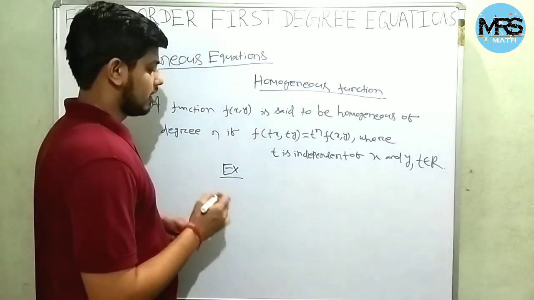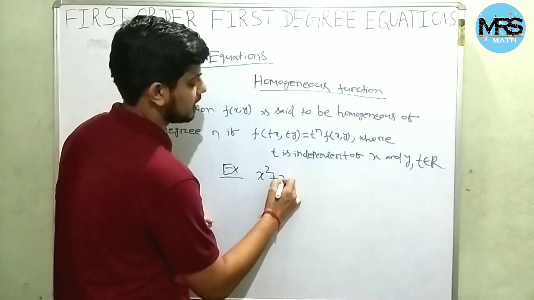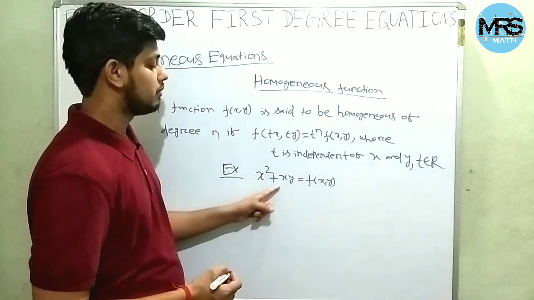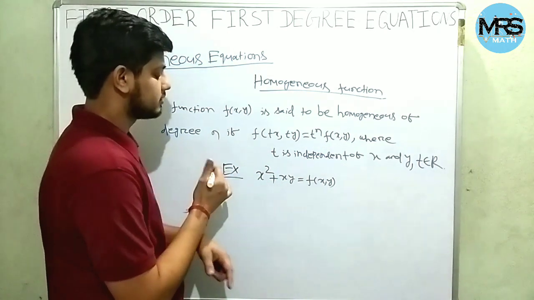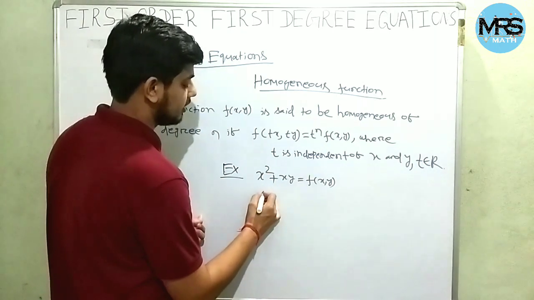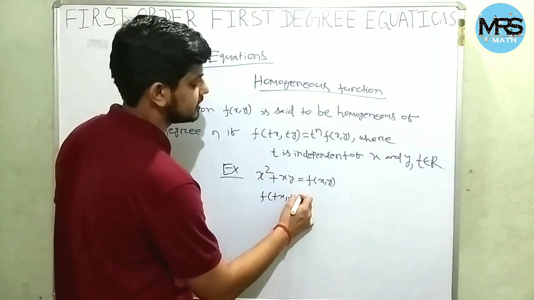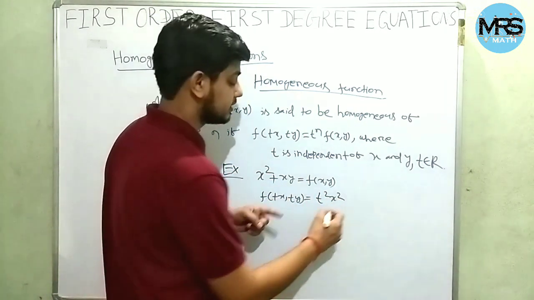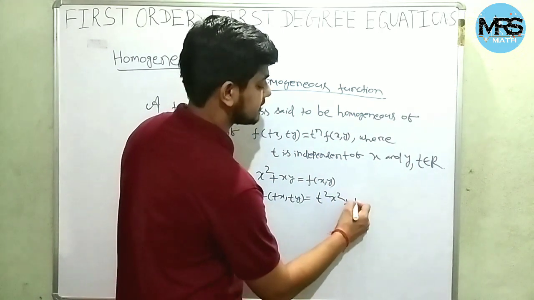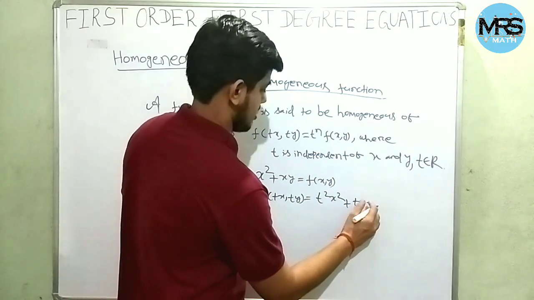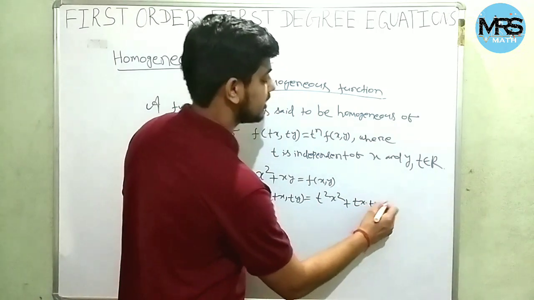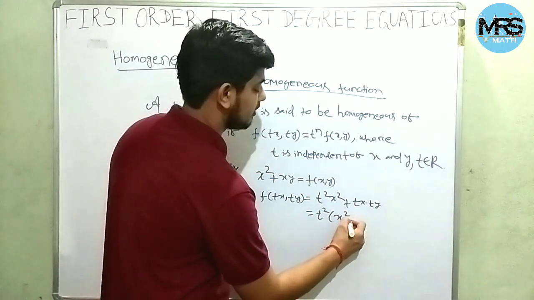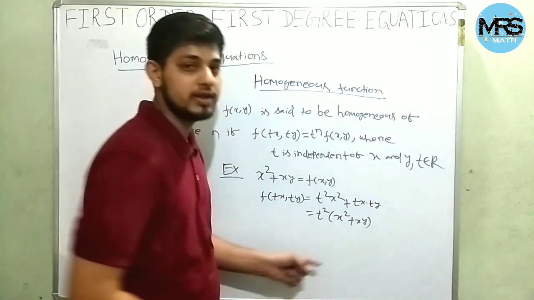Okay, so x square plus xy, this is our f of x comma y. So we will write in terms of f of tx ty. So what it will be? It will be t square x square, correct? And this will be plus tx into ty, correct? So here you can take common t square and you can write x square plus xy, correct?